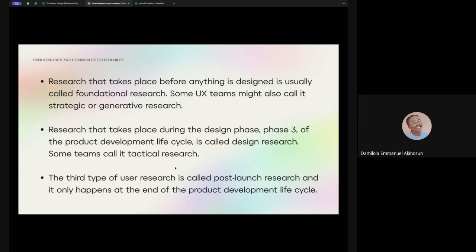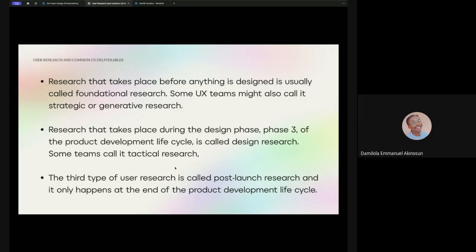That research that you do before you start designing is what is called foundational research. Some people also call it strategic or generative research. Basically, you're generating first-hand information that would guide you on what the next steps are going to be. So keep that at the back of your mind.